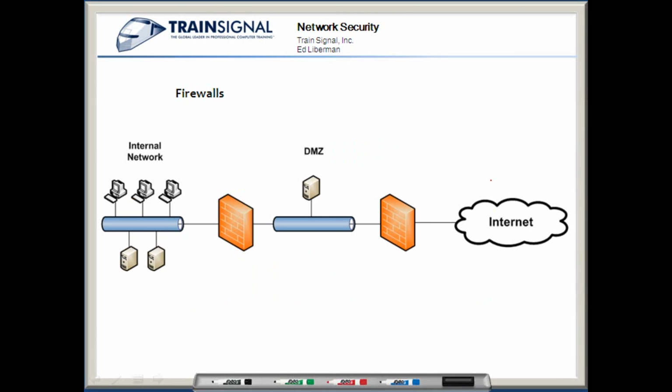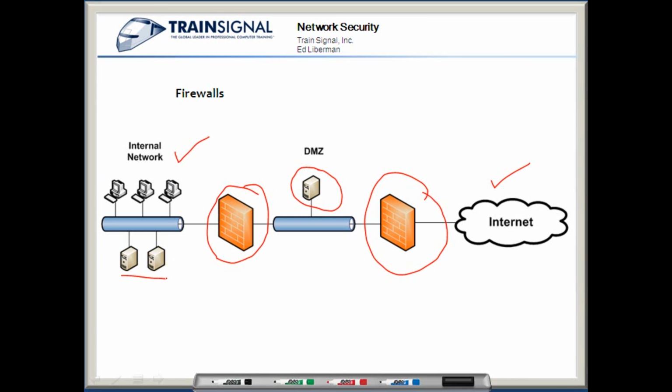As you can see, out here we have our internet cloud, the dangerous outside World Wide Web. We have a firewall that any user from the internet would have to go through in order to get into this DMZ and access this server that we have here. But there would be another firewall that they would have to go through in order to get into our internal network, where we might have servers of a more secure nature.